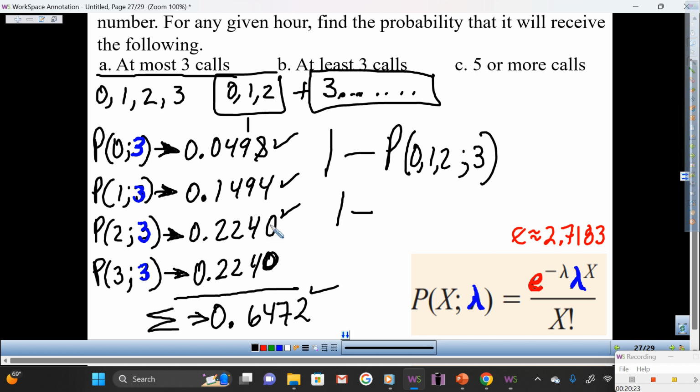Am I going to have to add vertically again? Oh, my goodness. Is it 0.66332?